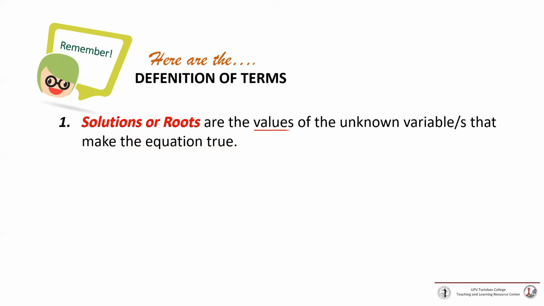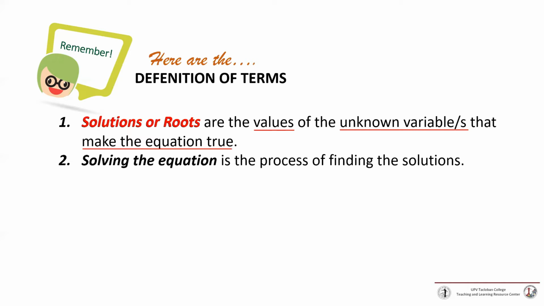These are the values of the unknown variable or variables that make the equation true. So if you have an equation and after solving the unknown variable you have the value, and that value satisfies the original equation, then that is what we call a solution or root.